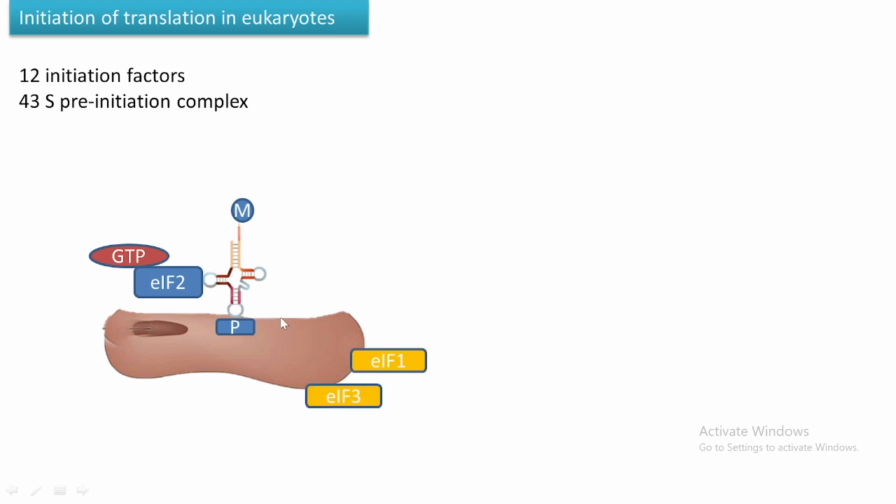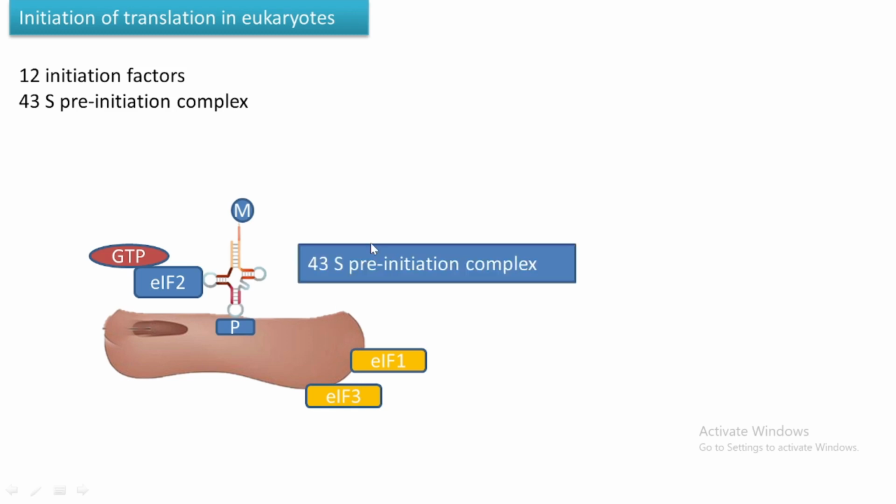Okay. Then along with that, some other initiation factors also come and bind. They are initiation factors 1 and 3. Then there is an important term, the 43S pre-initiation complex.